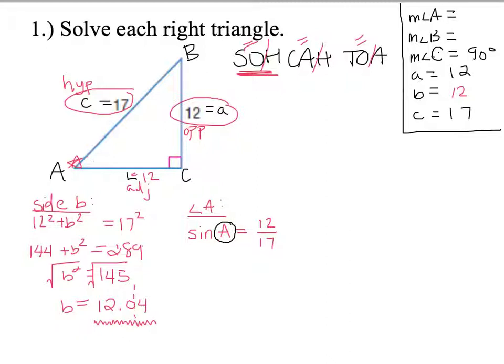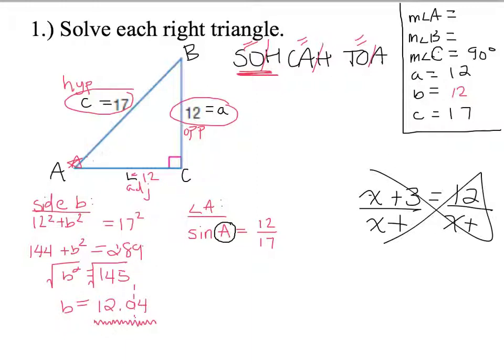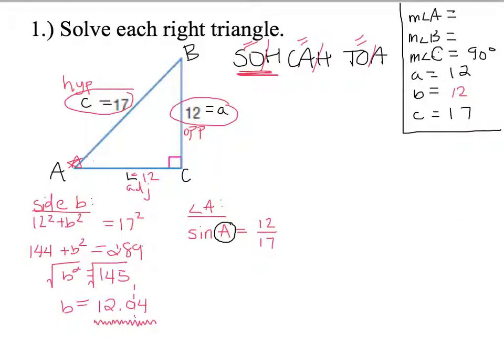Which is A. Now, thinking back to Algebra 1, when we had like x plus 3 equals 12, did we say, okay, well, there's an x and a plus right next to that 3, so I'm going to divide out an x and a plus sign? No, that doesn't make any sense. You can't divide out operations, right? Instead, what we did is we said, okay, well, we have an x plus 3.